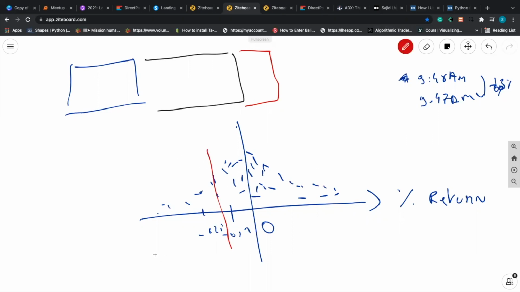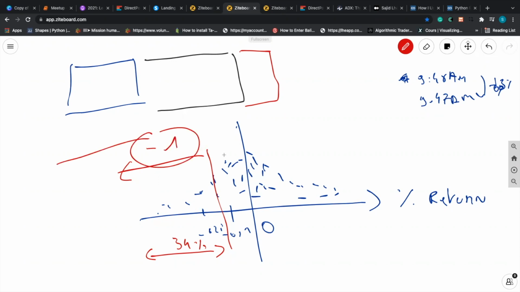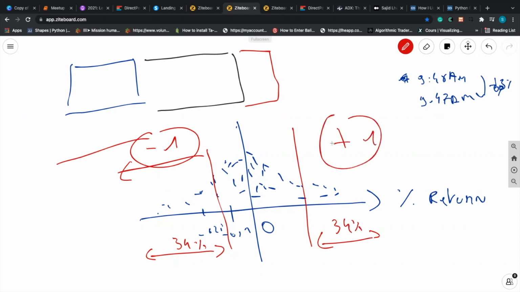On the first 33% or 34% percentile, for all the data where we are in the first 34%, we are going to give a signal of -1, which means that something where the market is going to lose money. And on the top 34%, that's going to be a value of +1, based on the return.